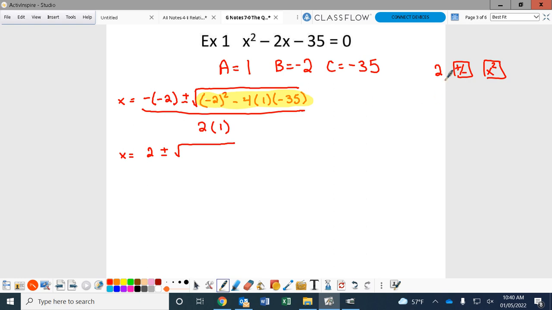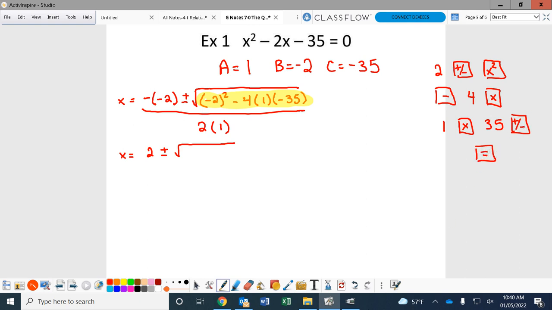So we did 2, and then the negative button, and then the square button. Then you're going to type minus, and then 4, then times 1, times 35, and then the negative button, and then you have to hit equals.